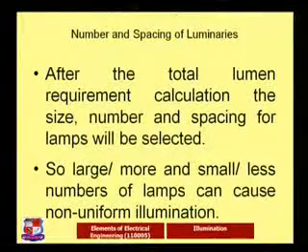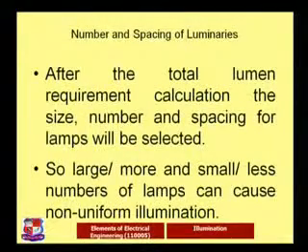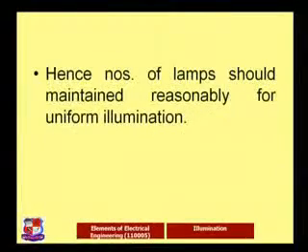How to select the number and spacing of luminaires? Luminaires means the fittings that give light to the object. After the total lumens requirement calculation, the size, number and spacing of the lamps will be selected. Large or more and small or fewer numbers of lamps can result in non-uniform illumination. Hence the number of lamps should be maintained reasonably for uniform illumination.